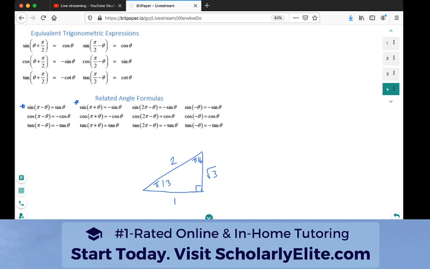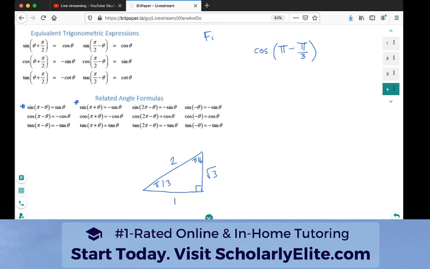So let's say that we've got, let me just double check that we're using the right stuff. So find the exact value of cos of pi minus pi by 3.